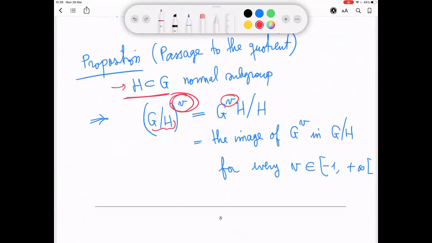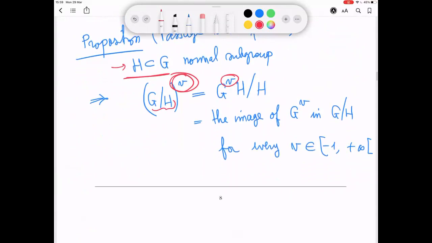So in other words, G mod H upper v is just the image of G^v.